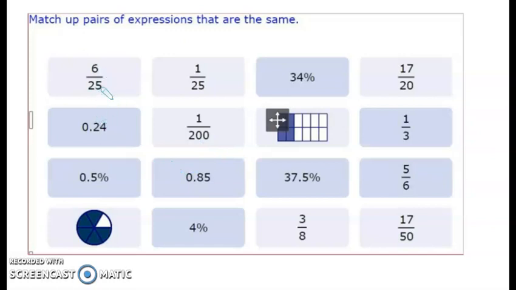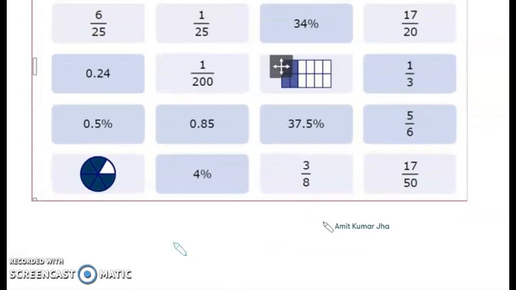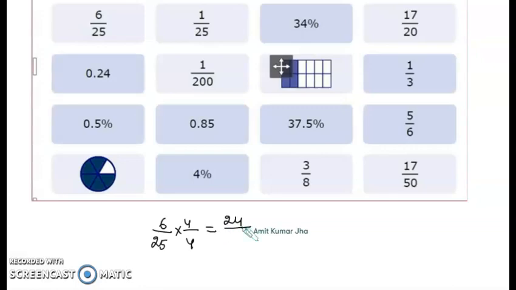This is 6 by 25, and 6 by 25, if you multiply 6 by 25 times 4 by 4, that gives you 24 by 100, which is 0.24.